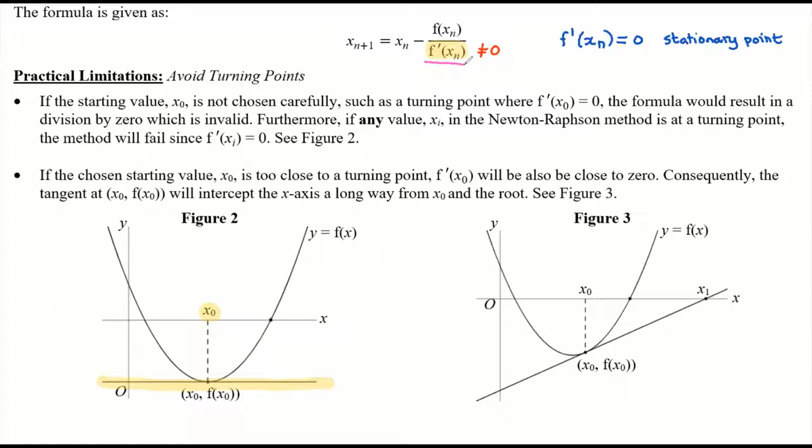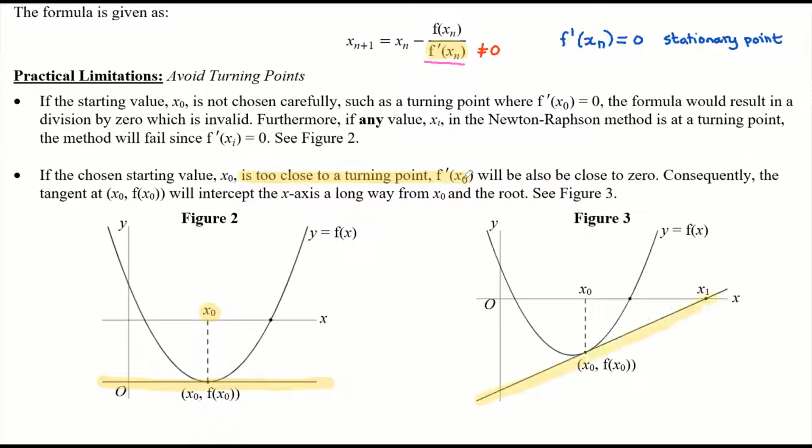Now, the second point that we need to be aware of is quite similar. If you choose a starting value, let's say x naught, and it's not a turning point itself, but very close to a turning point, there's going to be another problem because the derivative is going to be not 0, but close to 0, either positive or negative. What that means is your tangent is just going to be way out.